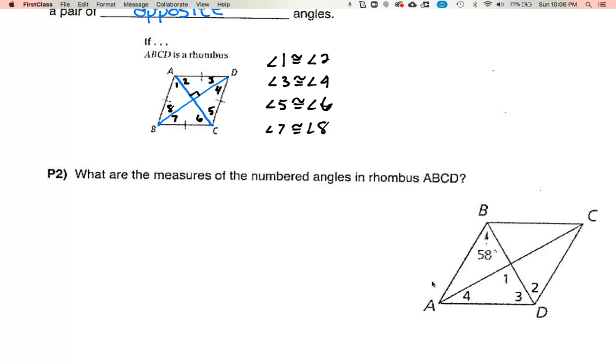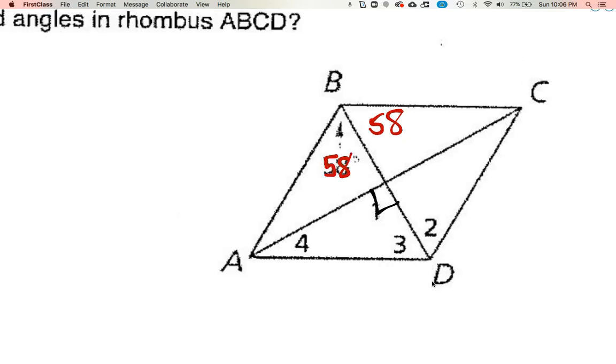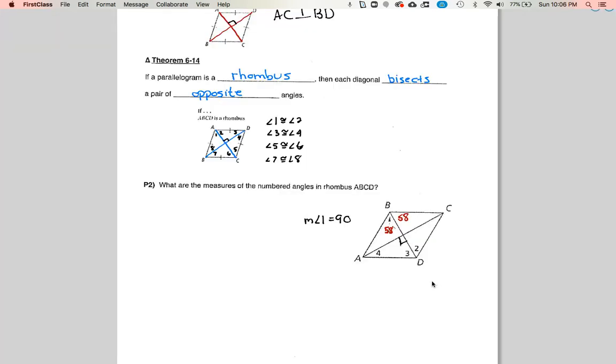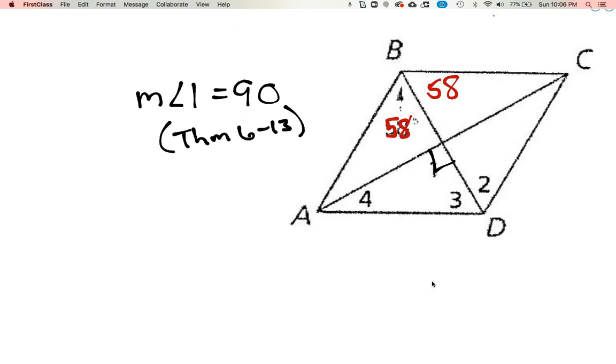So what are the measures of the numbered angles in rhombus ABCD? If this is 58, that means this is 58. We know this is 90, so the measure of angle 1 is 90. That leads back to theorem 6.13. We know 3 and 2 are congruent.